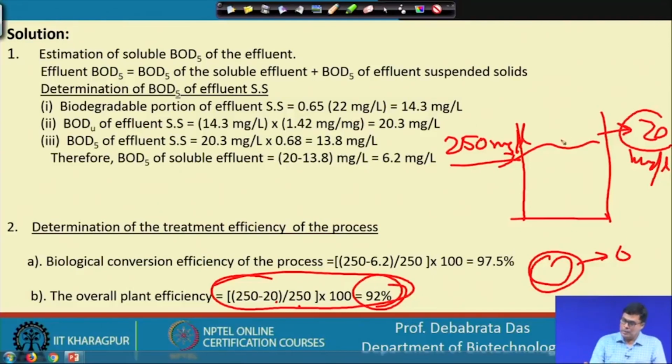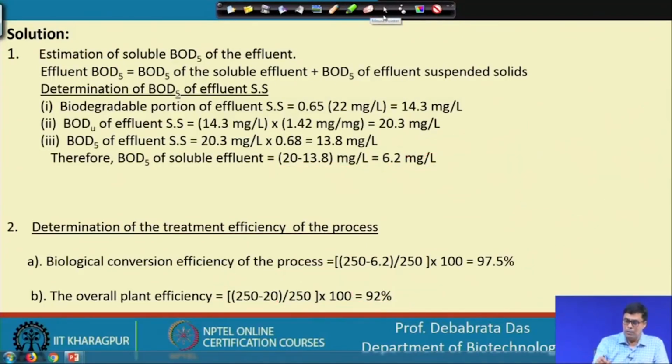Due to the inefficiency of the separation process, some of the cell mass might remain in the outgoing liquid. So, the BOD5 of this insoluble cell mass has to be detected, because the actual BOD5 of the effluent is coming to about 6.2 milligram per liter. This is the actual BOD5 of the effluent.